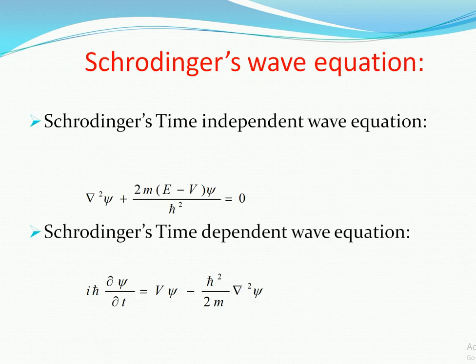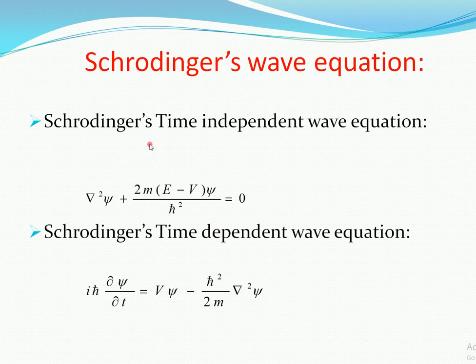Schrodinger's wave equations. The Schrodinger's wave equations are the equations of wave motion, and these equations help in studying the structure of atoms. There are two equations. One equation is independent of time and another equation is dependent on time.